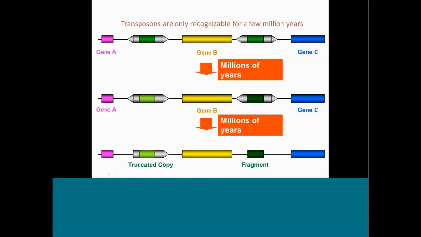In this case, unless the fragment encodes transposase, or there is an intact copy in the genome for us to compare with, people have no way to recognize whether this fragment belongs to a transposon or not. So that's why I say transposons are only recognizable for a few million years. After that, they may still physically be there, but you just cannot detect them.